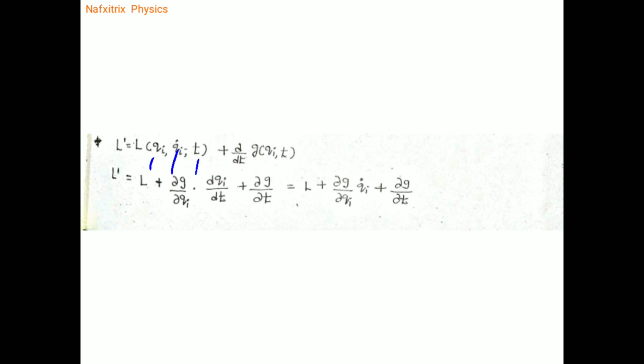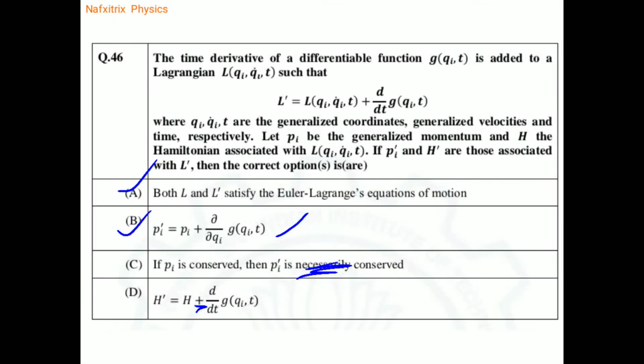Here also we have generalized velocity, and just a time derivative. Both belong to the same system, and both are functions of generalized coordinates, velocities and time. So both would definitely follow the Euler-Lagrange equation of motion. So A and B are the correct options. Thank you.